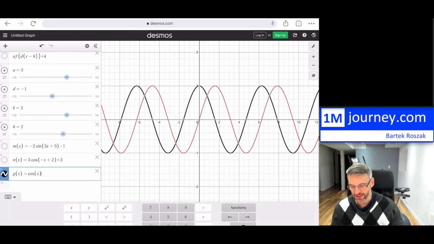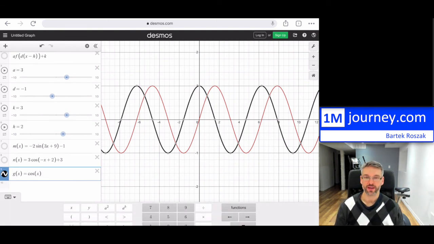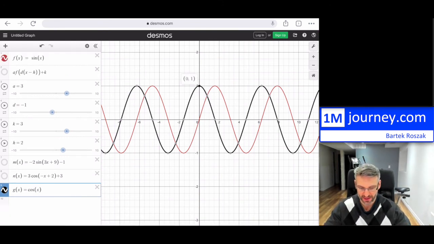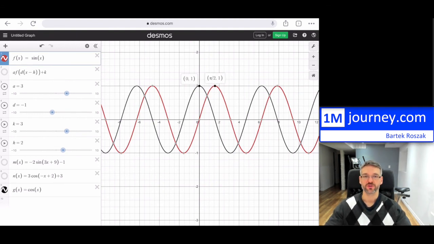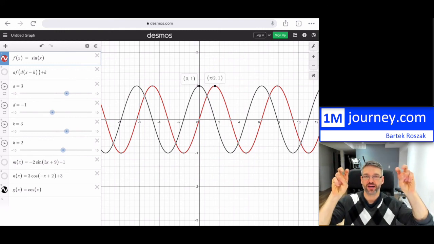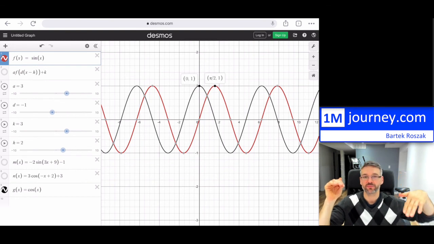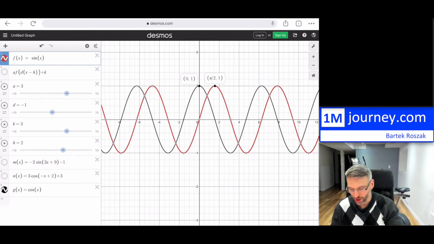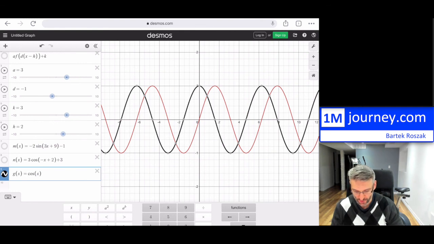But really cos is just a translation. If we wanted to match them up together, this peak happens at 0, this peak happens at pi over 2. And pi over 2 is 90 degrees. So if you're thinking back to those transformations, my a is 1, my d is 1, I don't have a k, I'm not translating it up or down, all I'm doing is trying to shift it back.